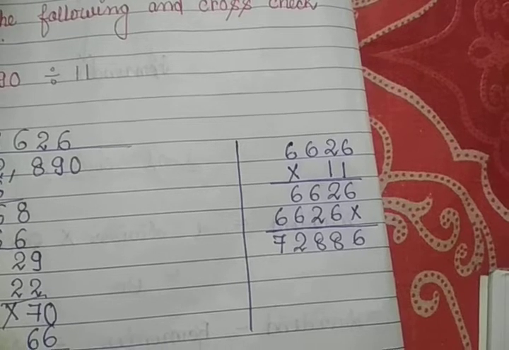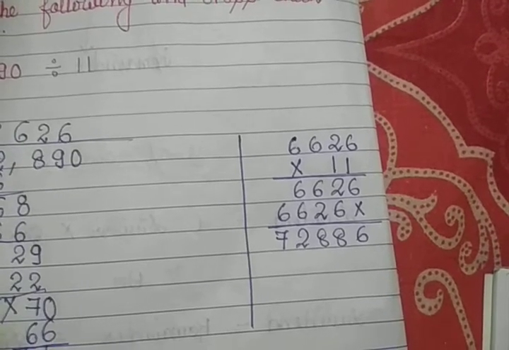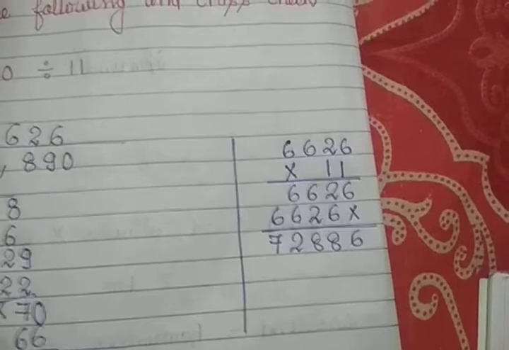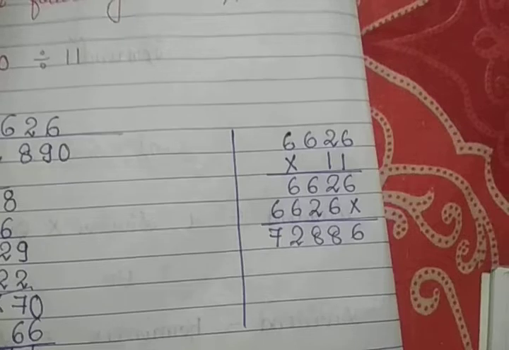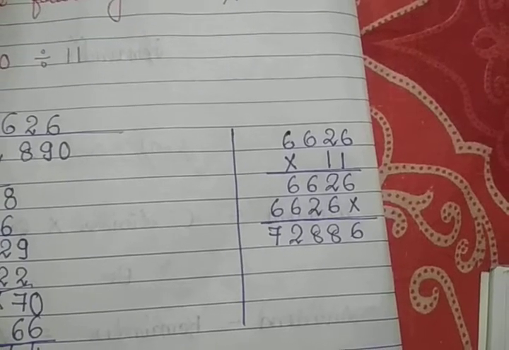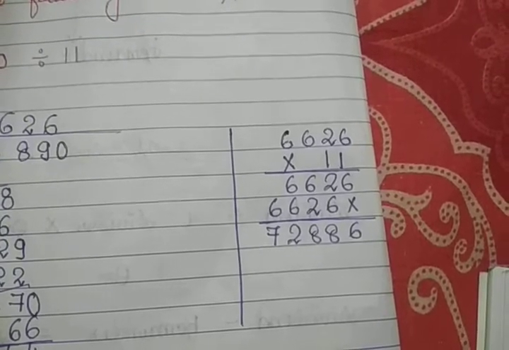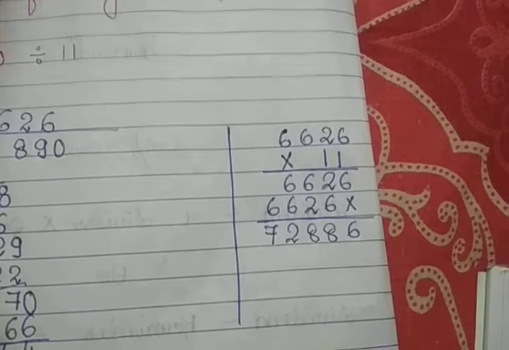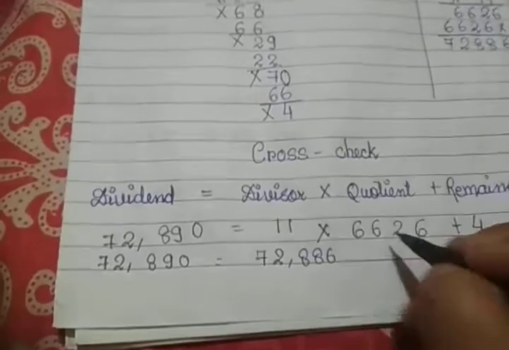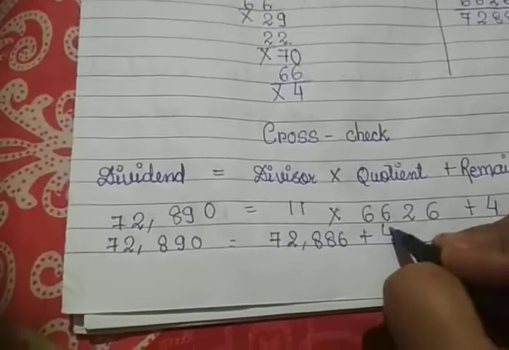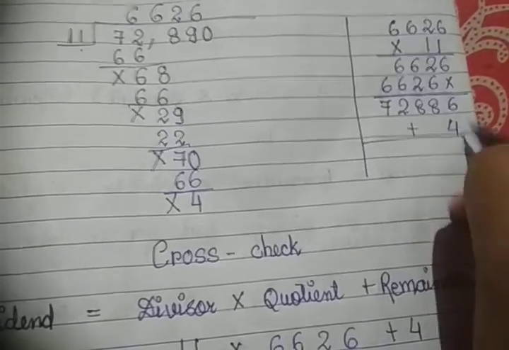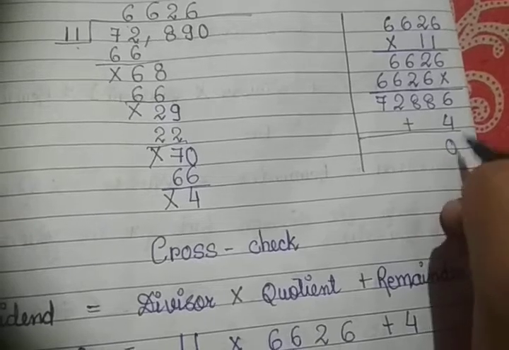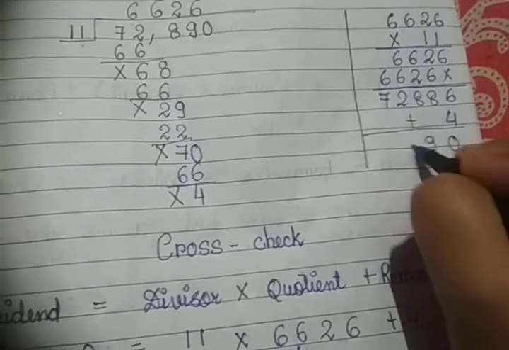When we multiply 6,626 and 11, the answer will be 72,886. So we will write its product, that is 72,886. And then we will add 4. So 72,886 plus 4 will be 6 plus 4, 10, carry 1, 8 plus 1, 9.